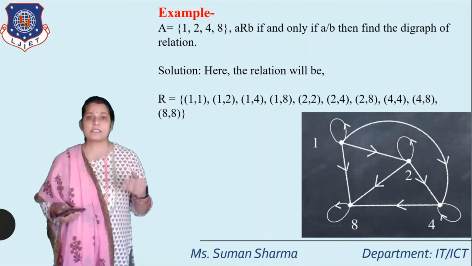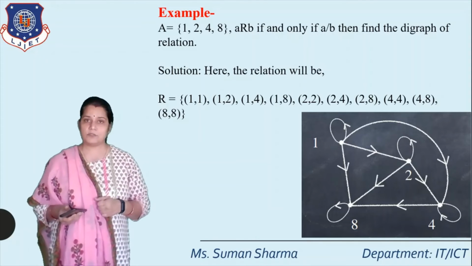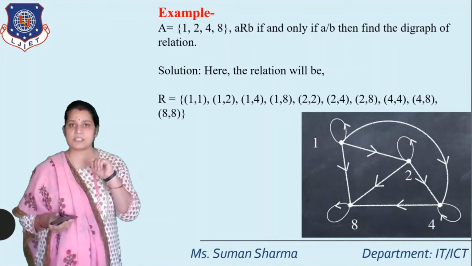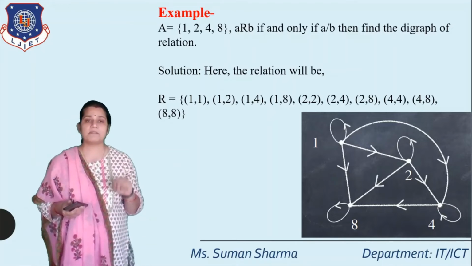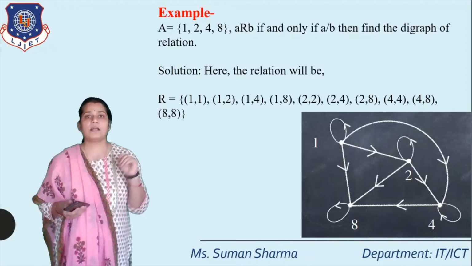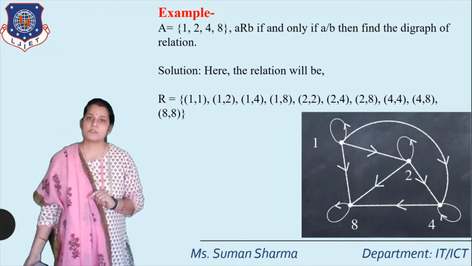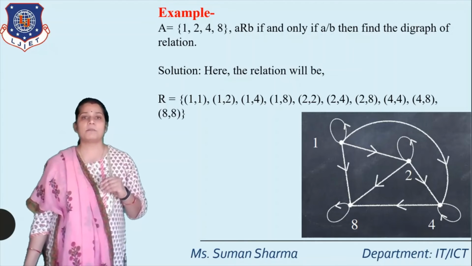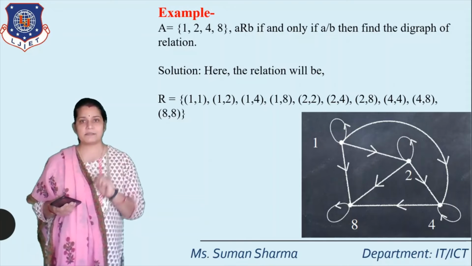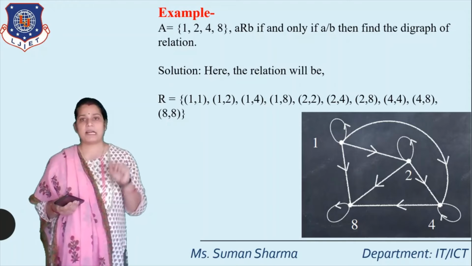The elements are 1, 2, 4, 8. We have already seen in the previous slides that every number divides itself. First we use the element 1. So 1 divides 1, 1 divides 2, 1 divides 4, and 1 divides 8. So 1 comma 1, 1 comma 2, 1 comma 4, and 1 comma 8. Next element is 2. So 2 divides 2, 2 divides 4, 2 divides 8.